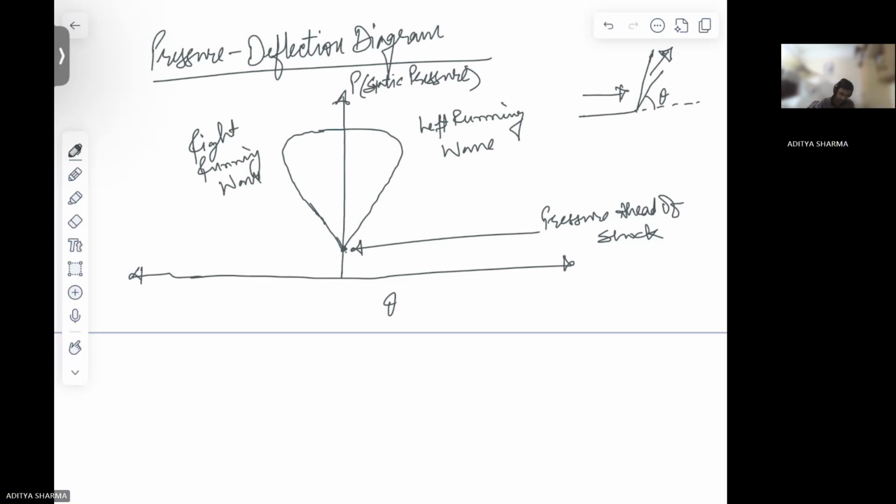And here, if you see, now if this is your theta and this is your wave, this is your oblique shock wave.